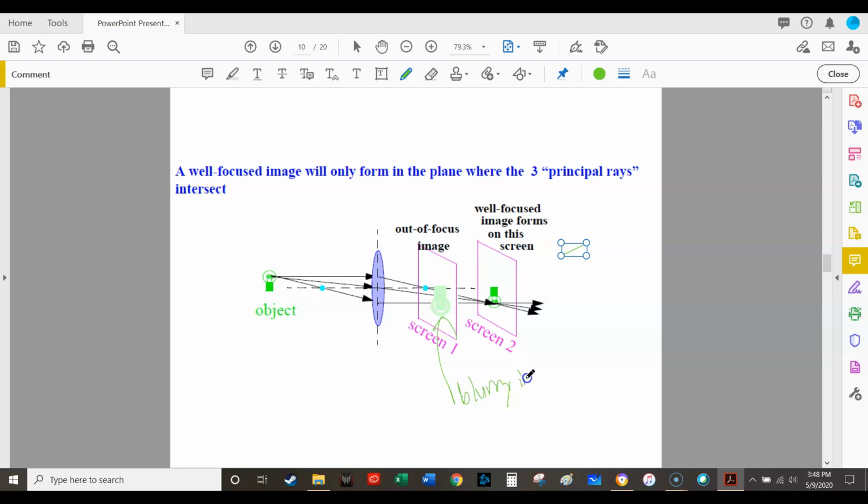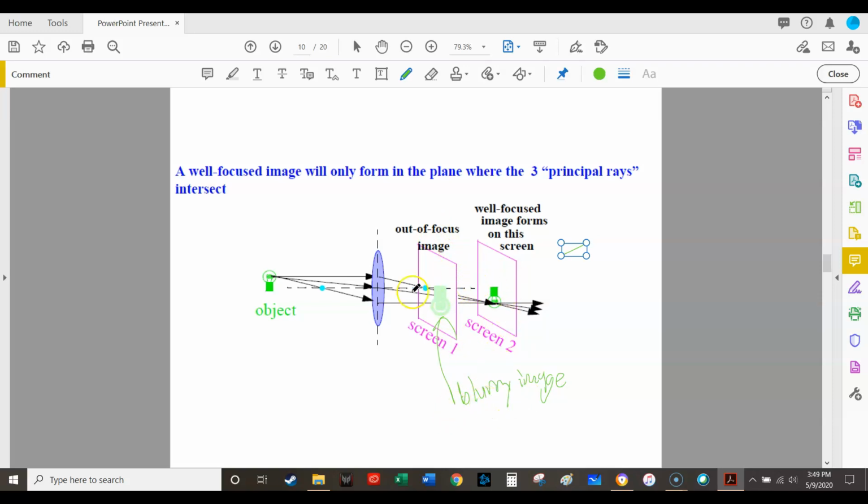But you're still going to get an image there. It's kind of like when you're trying to take a picture of someone and they're out of focus, and you have to move the lens back and forth to try to get the image more in focus, right? So an image will still form, but it'll just be a blurry image, right?